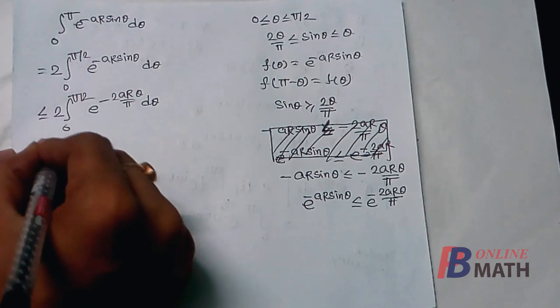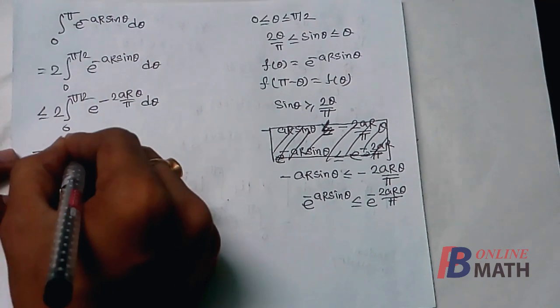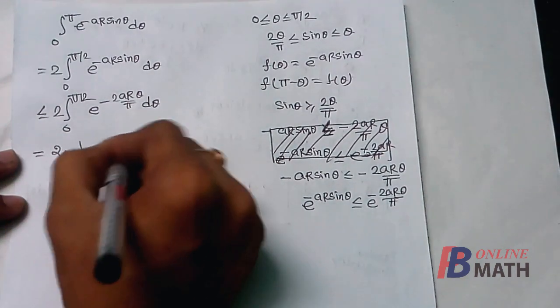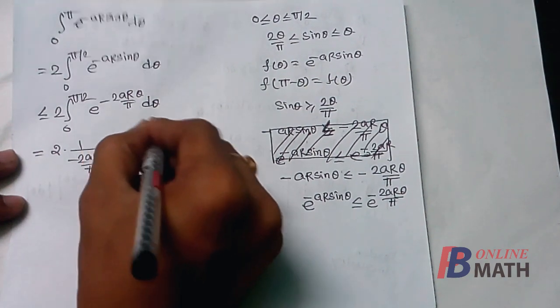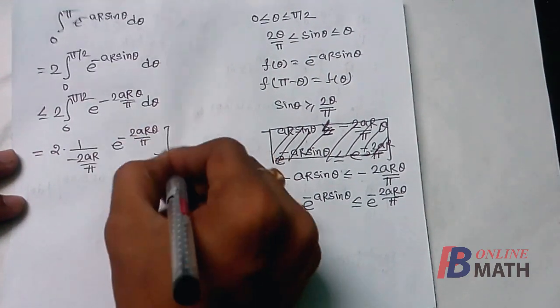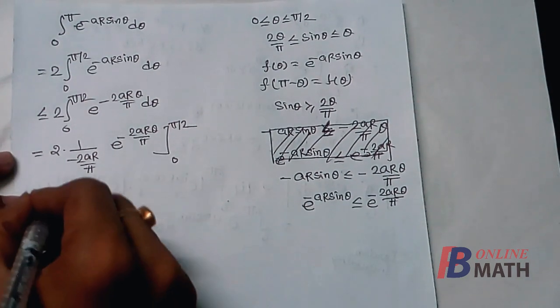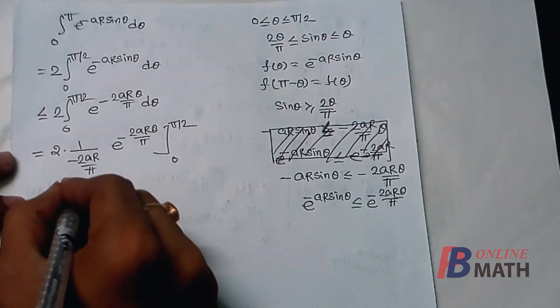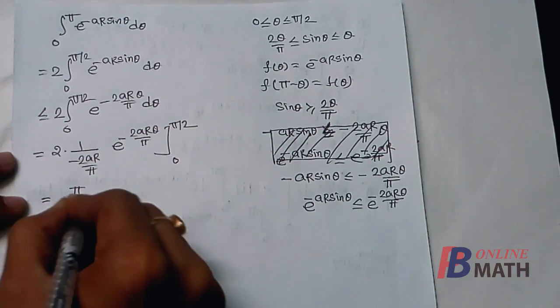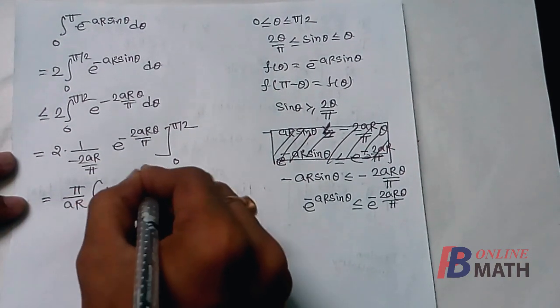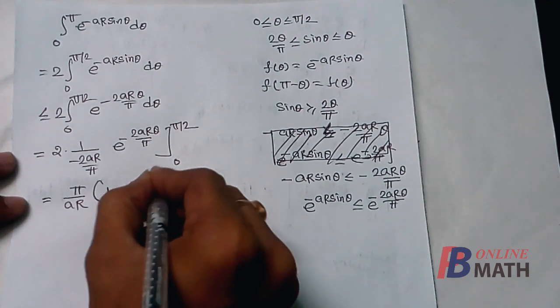After the integration, we find that this is 2 into 1 by minus 2 a r by pi, e to the power minus 2 a r theta by pi from 0 to pi by 2. Applying the limits, we find that this is pi by a r into 1 minus e to the power minus a r.